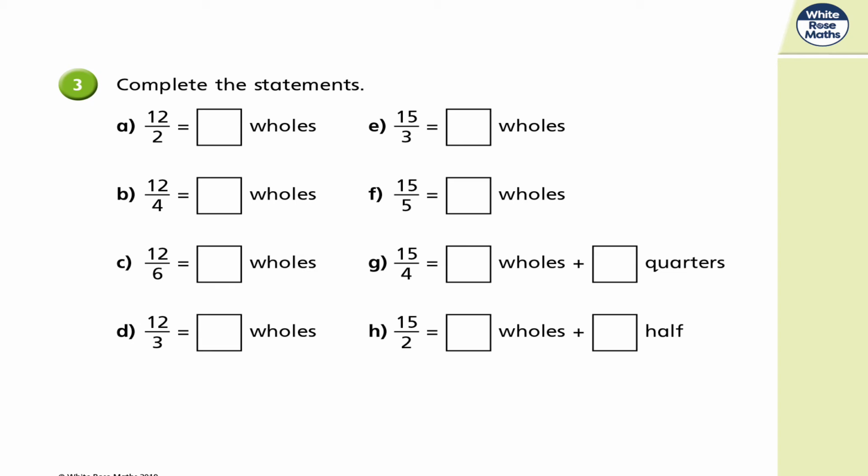Then you need to colour in 12, and you need to see how many whole ones you have. And then when you get to G and H, you have got extra. So you've got whole ones and you've got some left. Have a go at those. Pause the video and then have a go.